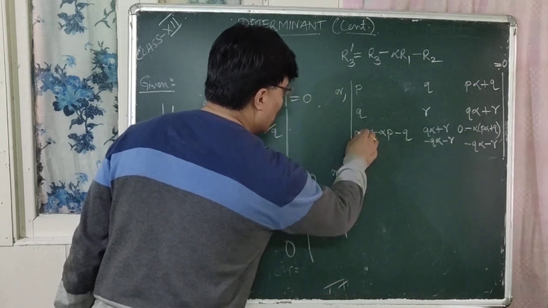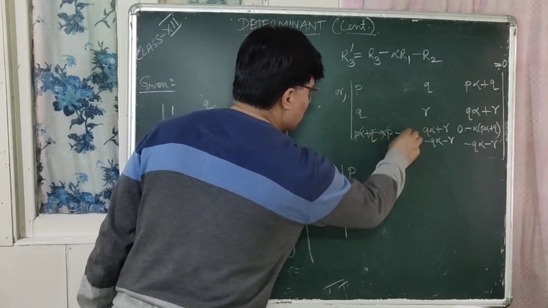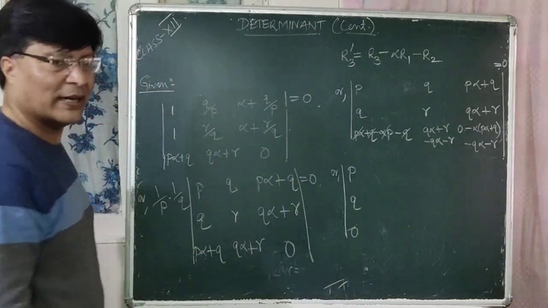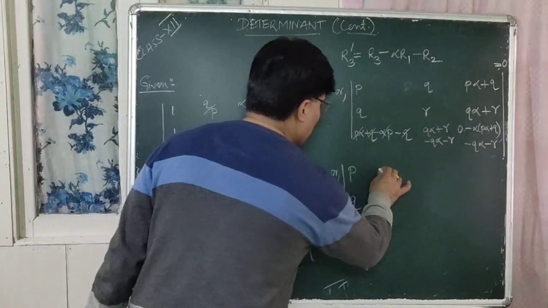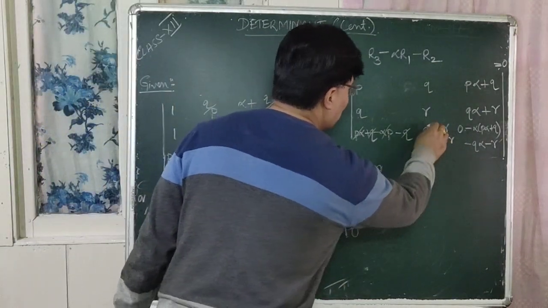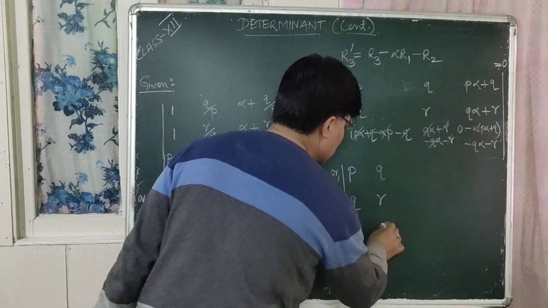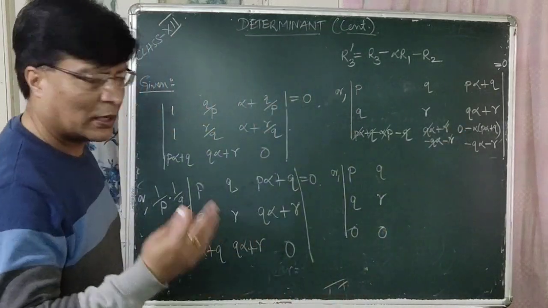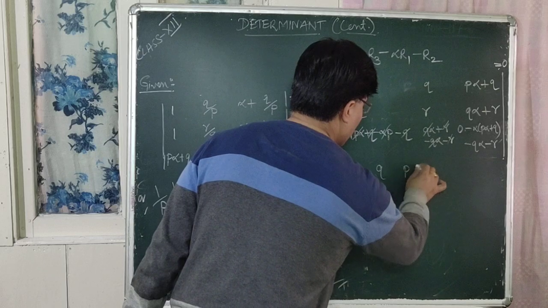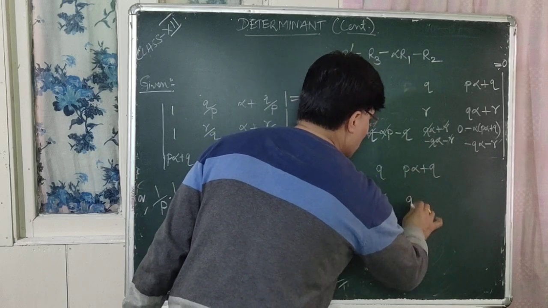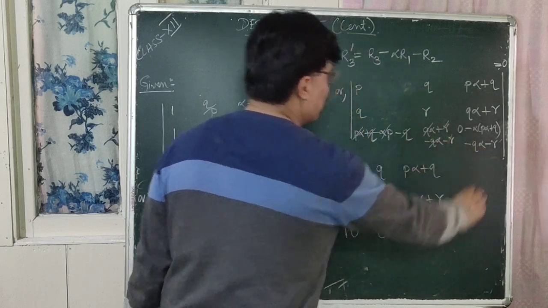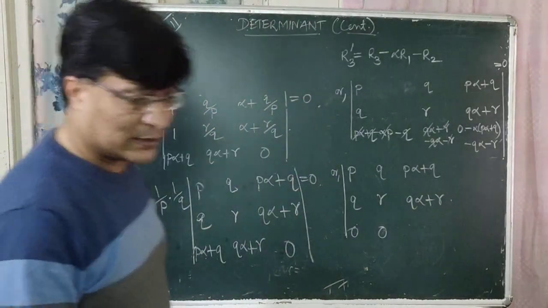P, Q, and all of this will be cancelled. This will be your 0. What is the second column? Q, R, and Q alpha and R get cancelled. This is also 0. Now what is the third column? P alpha plus Q, Q alpha plus R, and you can simplify it.